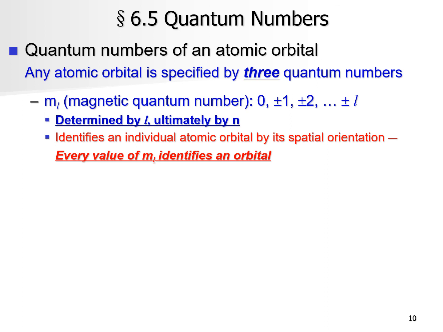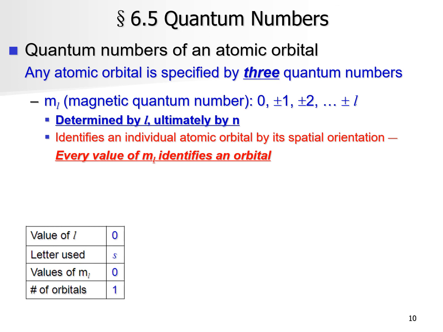In most cases, we don't care which m sub l is for which atomic orbital, but we do care just how many orbitals m sub l represents. I just want you to understand each value of m sub l identifies an atomic orbital.